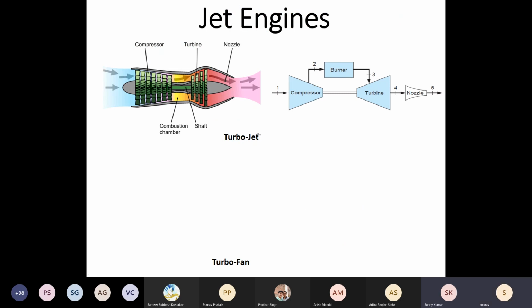So where this is used is in your aircraft air conditioning. Just a small introduction to the cycle on which your jet engines operate. They are actually an open system or open cycle.